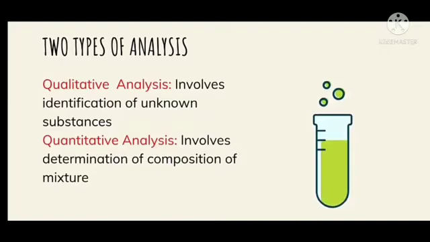Qualitative analysis involves identification of unknown substances by chemical tests, and quantitative analysis involves determination of composition of a mixture, means we find out the quantity of a particular species in a mixture.